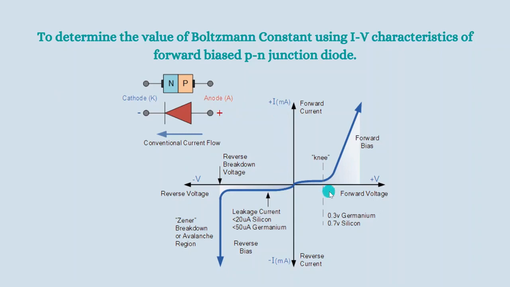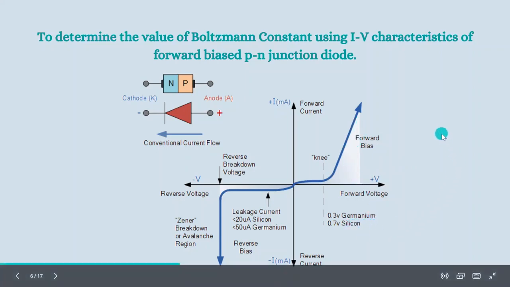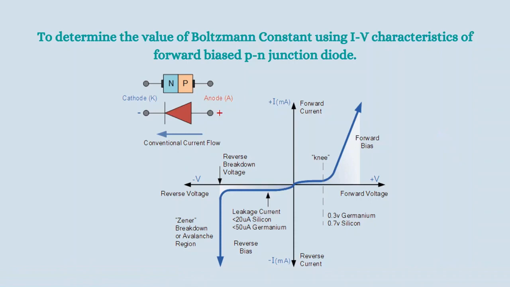This is the VI characteristics in the forward bias junction. And this is the knee voltage, the voltage after which the value of current starts increasing. That value for silicon is 0.7 volt, and for germanium it is lower, which is 0.3 volt. So this is the forward bias graph.